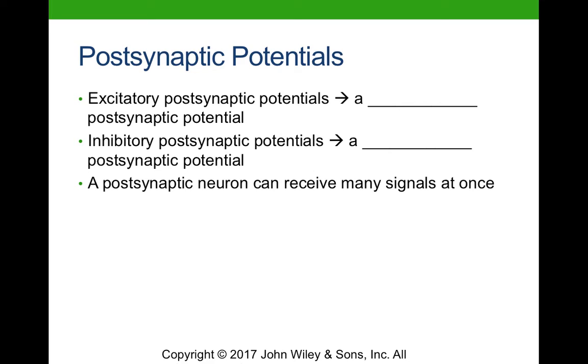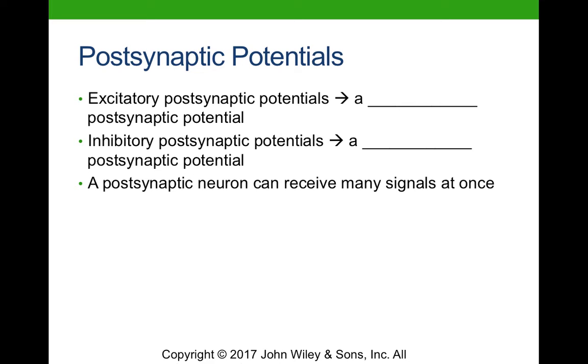If the excitatory effect is greater than the inhibitory effect, and we reach or surpass threshold, then our result is a threshold or a suprathreshold excitatory postsynaptic potential, and a nerve impulse is created.